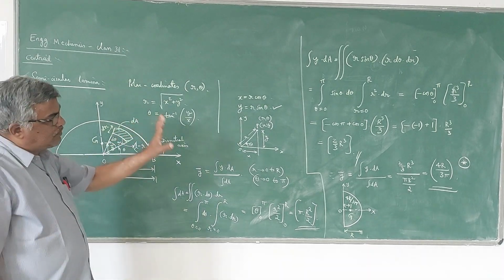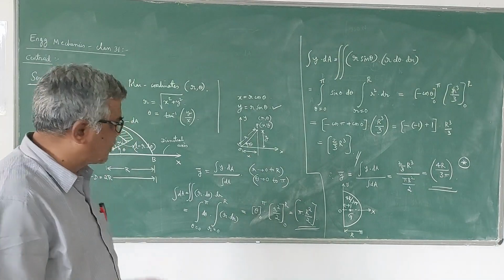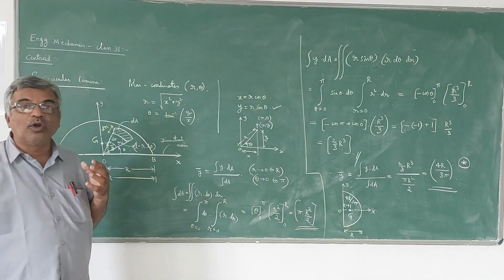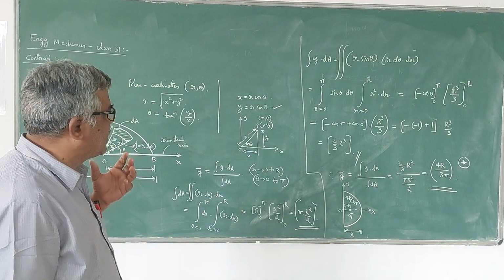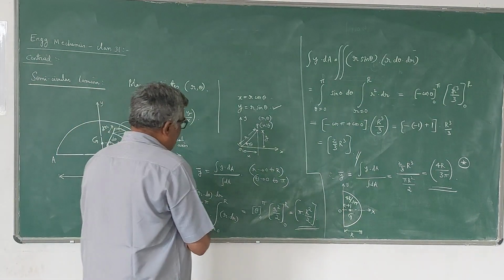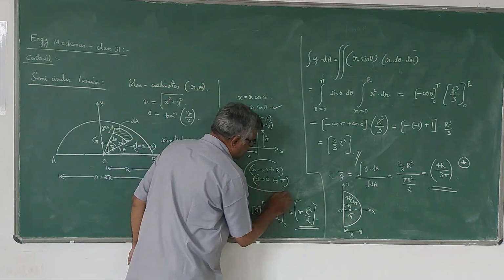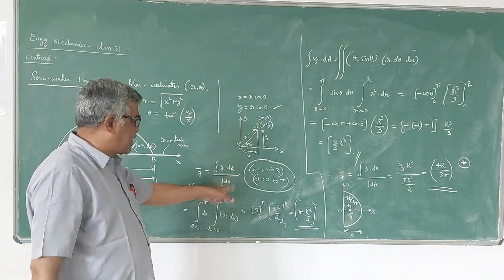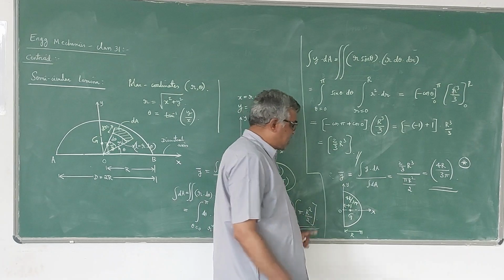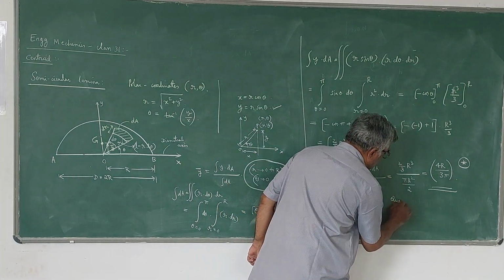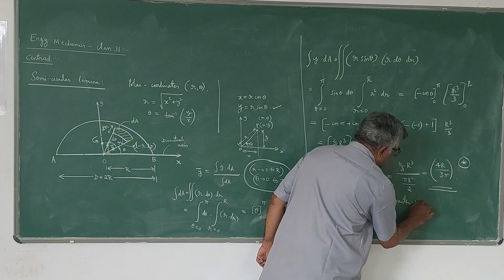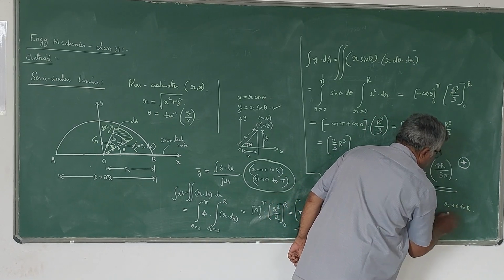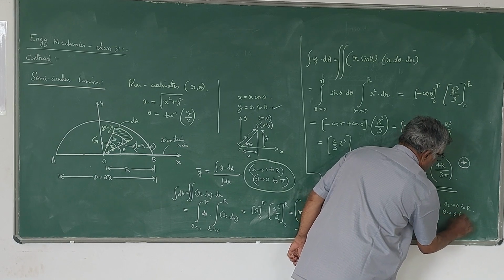So this is how we derive the expression for the location of the centroid of a semicircle using polar coordinates, because it is a curved boundary. The radius r varies from 0 to capital R, whereas the theta value varies from 0 to pi. In the case of a quarter circle, R varies from 0 to capital R only, whereas theta varies from 0 to pi by 2.